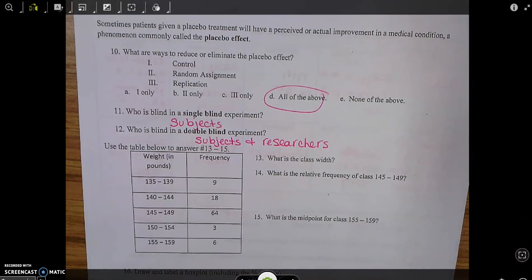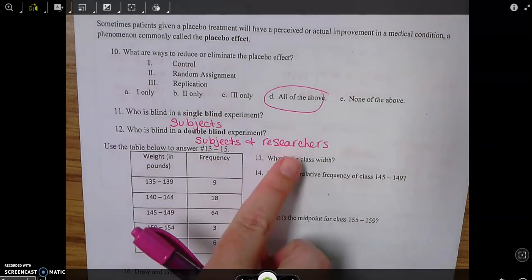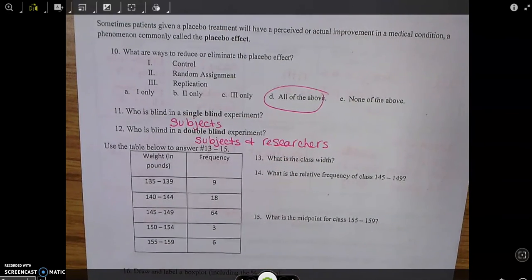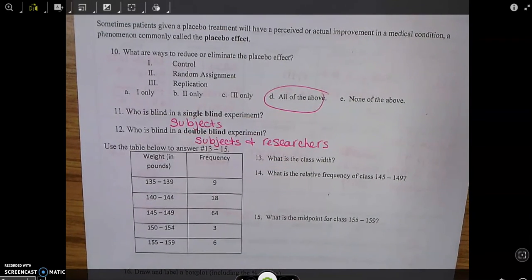Now, before you think that's weird, there is a third party who assigned who got what drug. Again, this is to make sure we're reporting the right information.